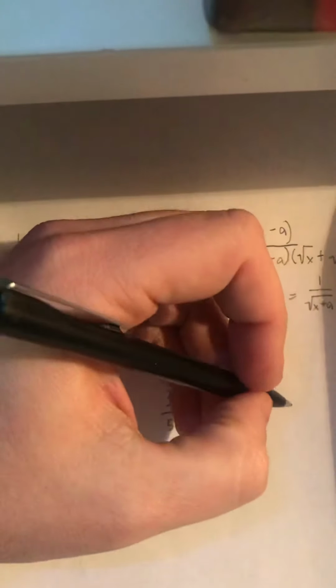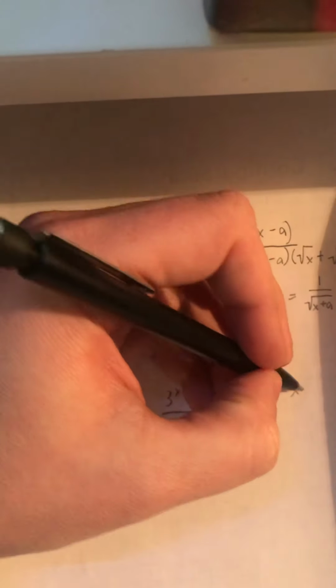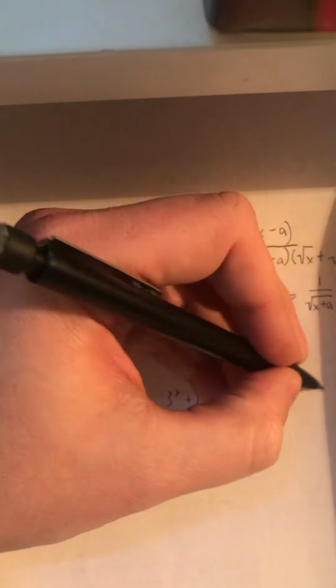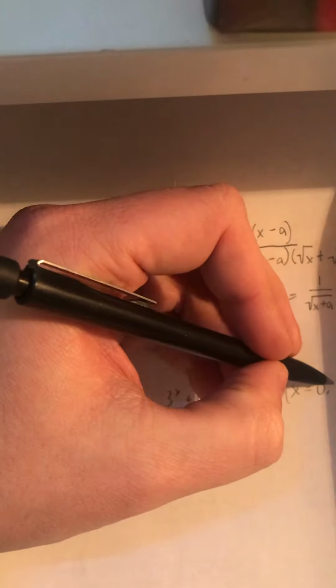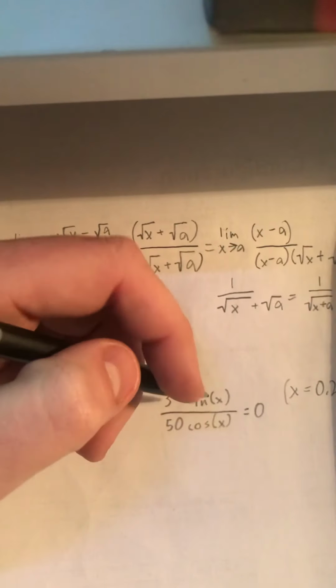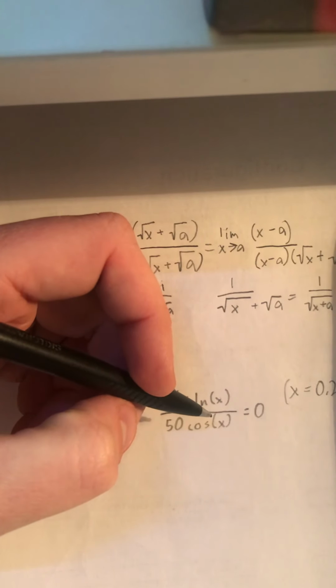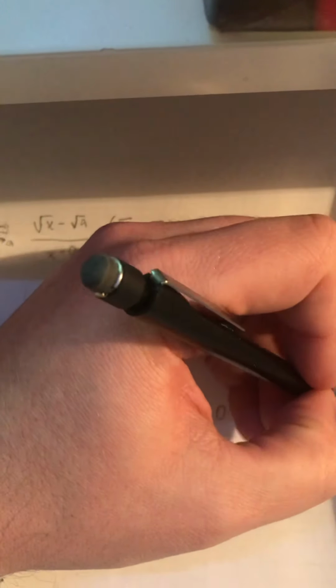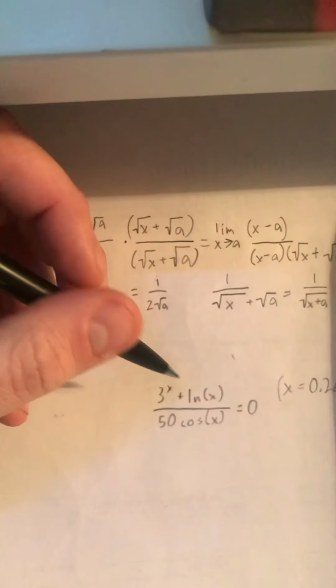So for this to be accurate, this would have to be x equals 0.263. And unfortunately, that is outside of our interval of 1 to 3.